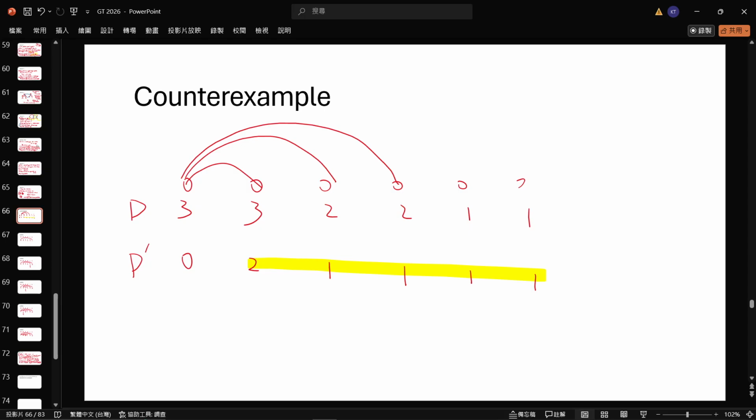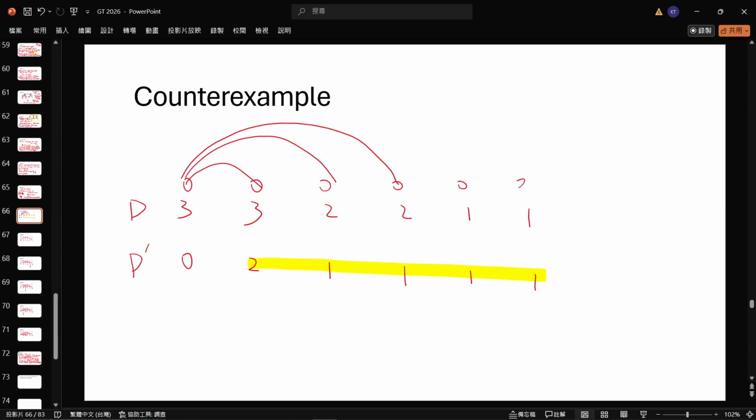In order for a 5 vertex graph to be connected, it must have at least 4 edges. So in order to have 4 edges, you have to have at least 8 degrees, okay? So the total degree should be at least 8, okay? But now the total degree is only 6, okay? So it fails.